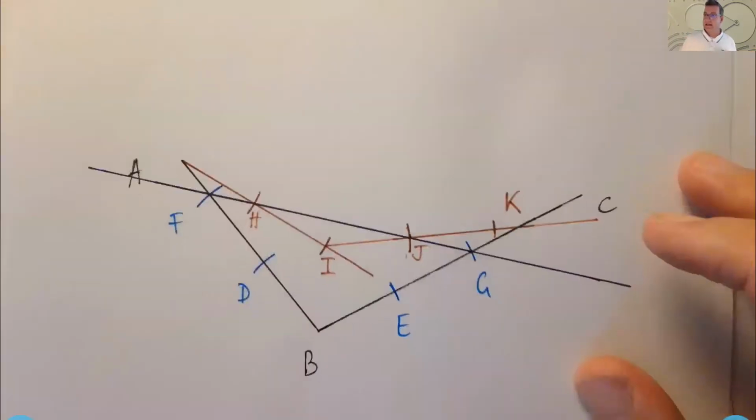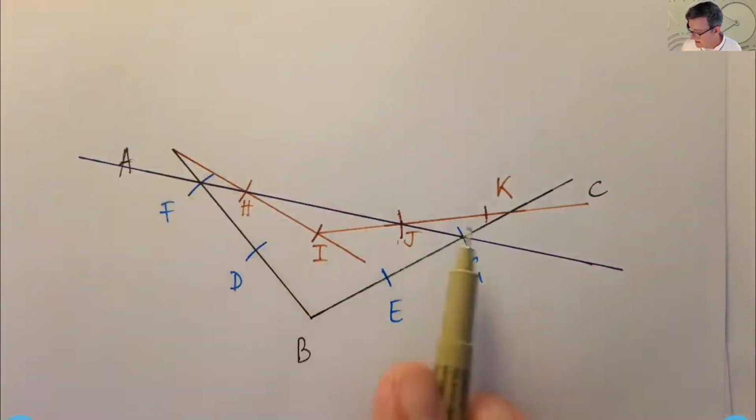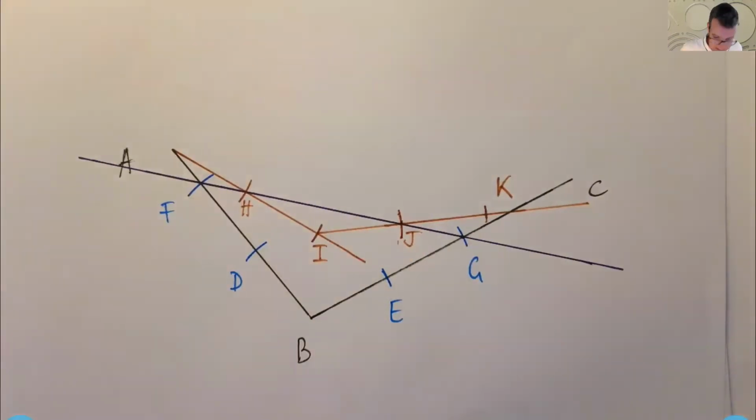All right, last thing, let's join up A with K. So let me go to a different color for that one. Why don't we do it in red?